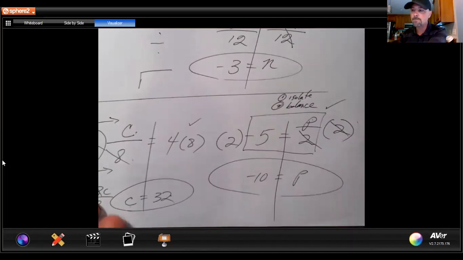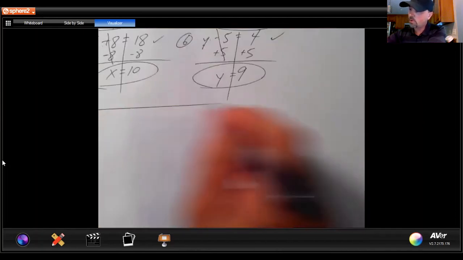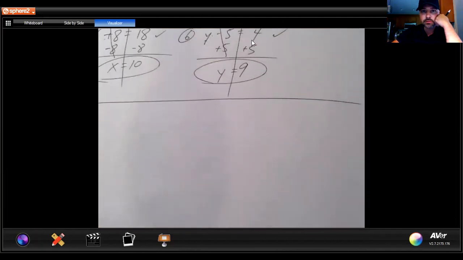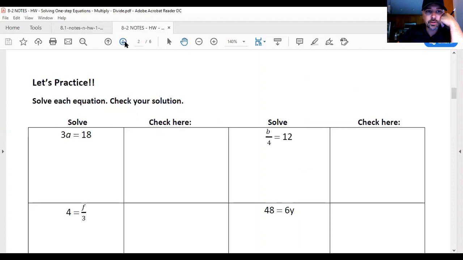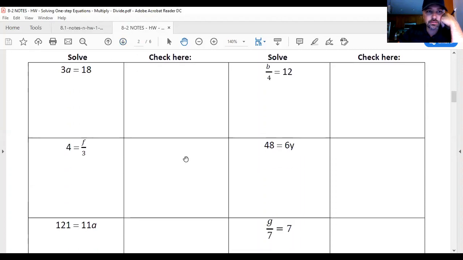Okay. All right, I'm going to go to the worksheet here. Let's go to the second page. All right, look at these first 6.